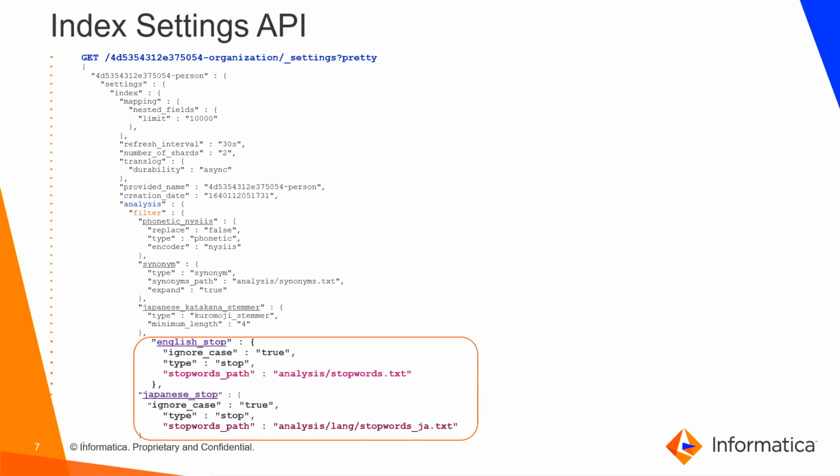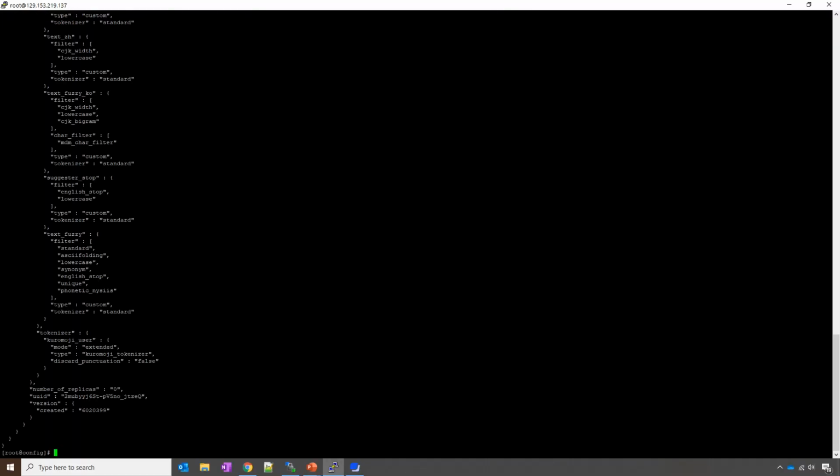There is another way to verify the analyzer settings for the index, and that is via the index settings API. We can run this API for the organization index and view the current analyzers. We can scroll to the part where we can see the various analyzers.